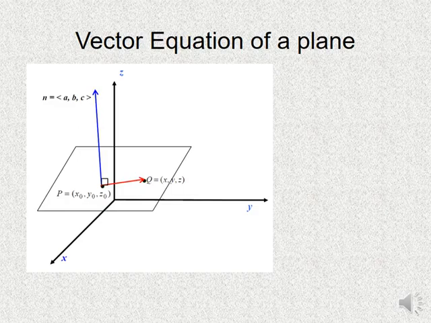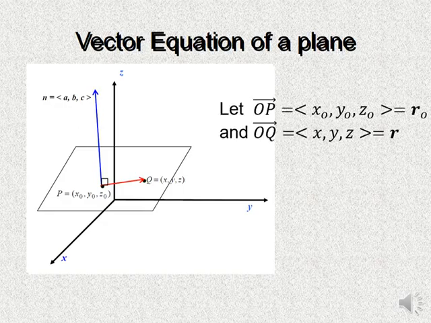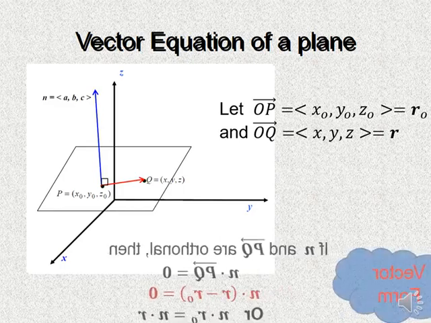So if we assume that the position vector of P is r naught, and that of Q is r, and then we obtain a vector PQ by subtracting the components of P from those of Q.